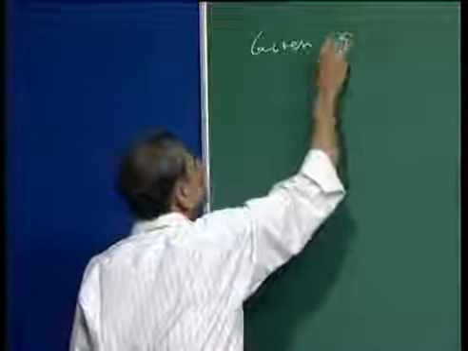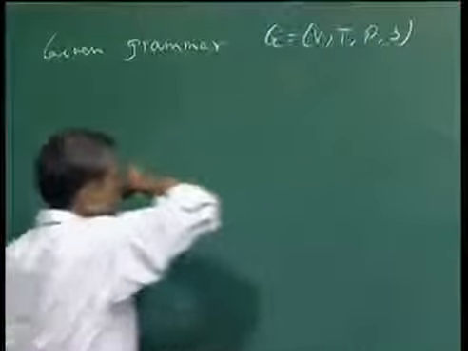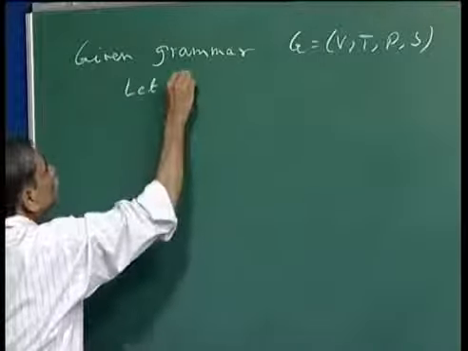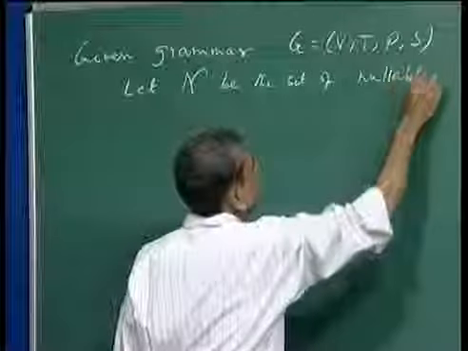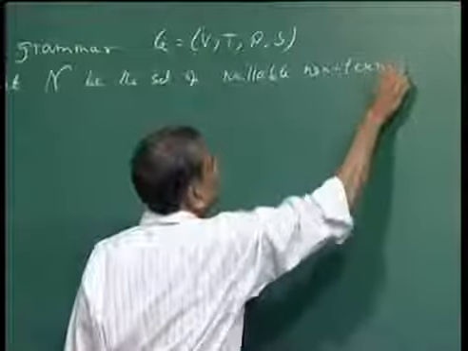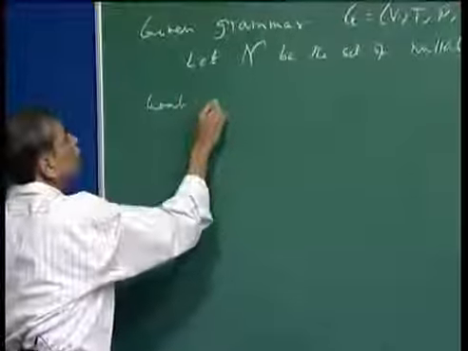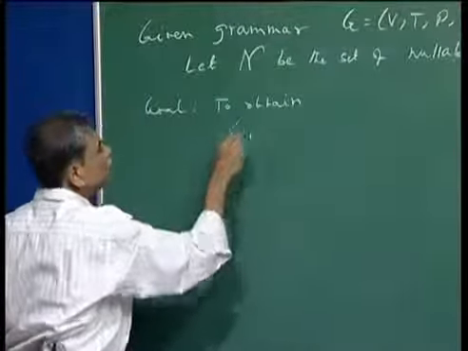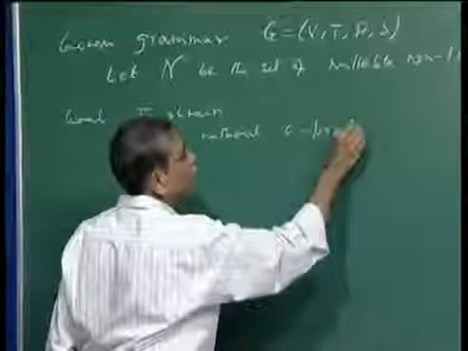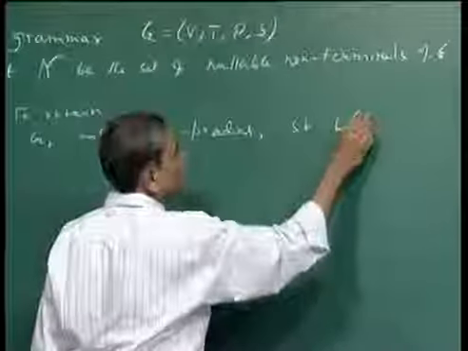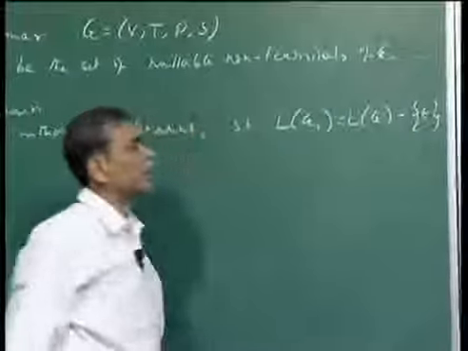Given grammar is G = (V, E, P, S), and let N be the set of nullable non-terminals of G, and our goal is to obtain G1 without epsilon productions, such that L(G1) is L(G) without the string epsilon.